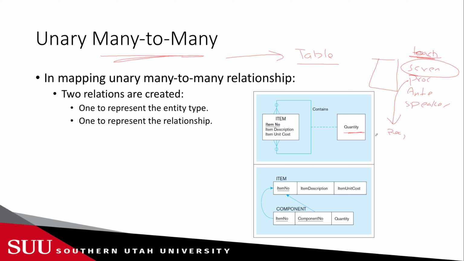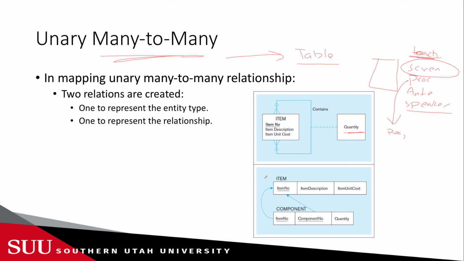And then I need to know the quantity. So for the phone, how many speakers do I have, and how many antennas, how many processors, how many screens, and so on. Now let's look at how we map it. We said we'll create two relations, one for the entity type and one for the relationship. Now we have the item here, we mapped it as it is, and then we have one for the relationship.